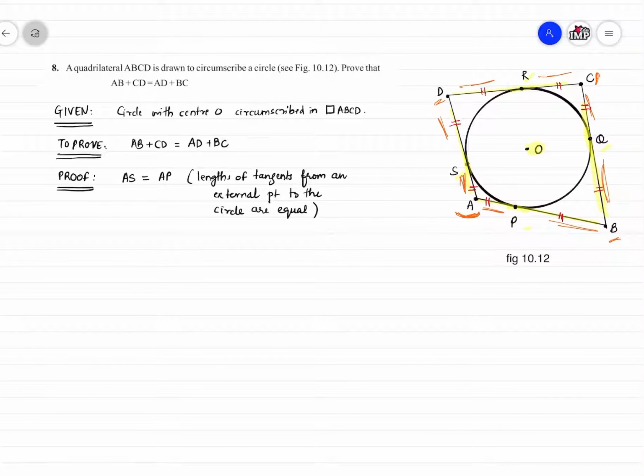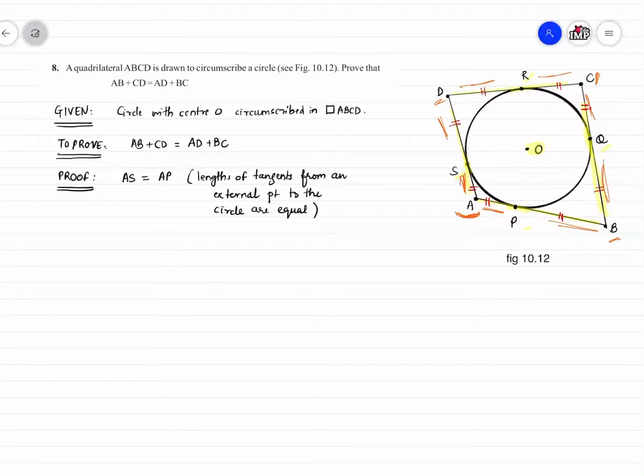Or you can also write theorem 10.2. However, in the exam it is recommended that you write the proper statement or a shorter version of the theorem statement. Okay, that is more presentable and you're more likely to get full marks for those. So I would recommend writing complete statements. But just so you know that this is the statement of theorem 10.2.